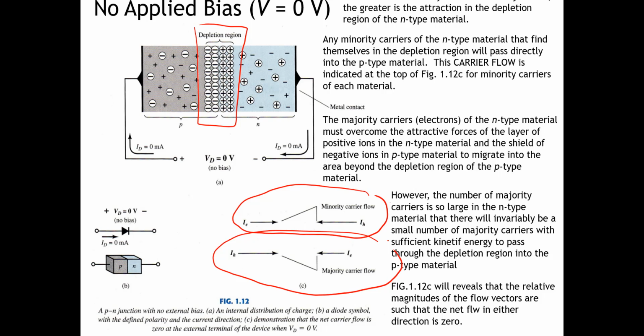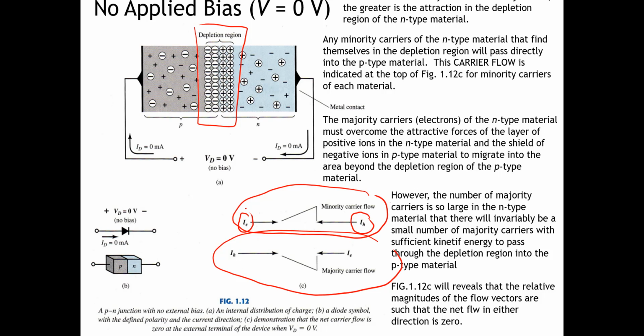If we don't apply any bias voltage, the minority carrier flow from the N-type to the P-type is the hole current, and IE is the minority carrier flow from the P-type to the N-type.